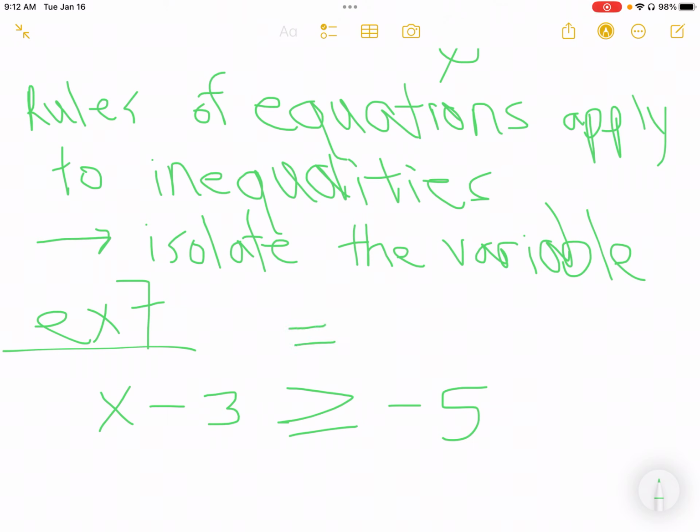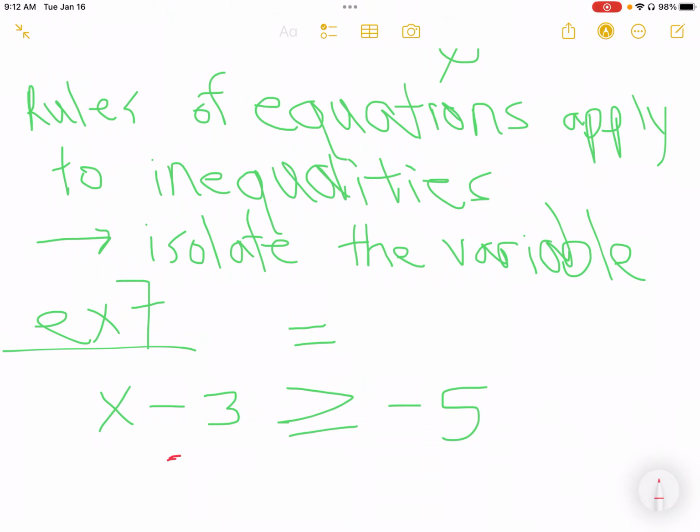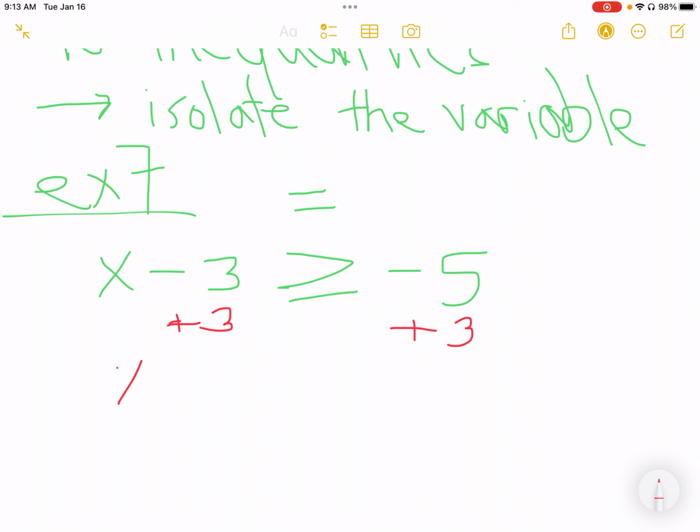I'm trying to isolate x, so I'm going to say plus 3 here, and I better say plus 3 on the other side. Then I have x is greater than or equal to minus 5 plus 3, which is minus 2.